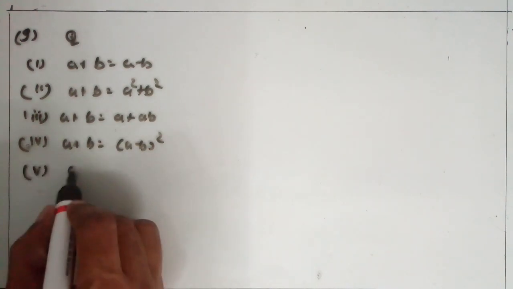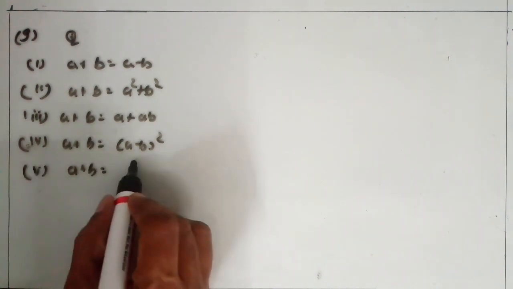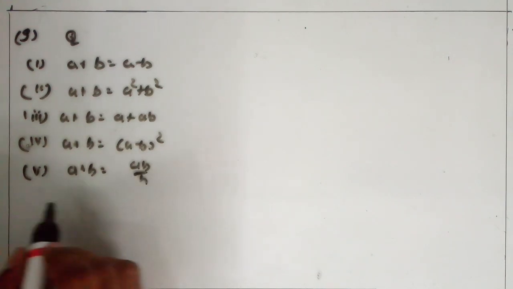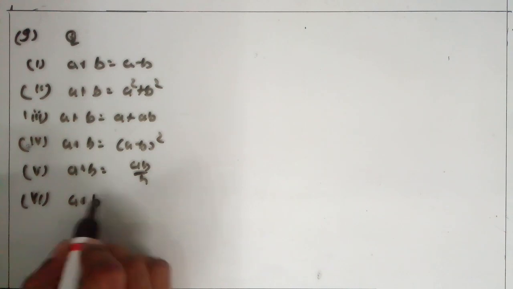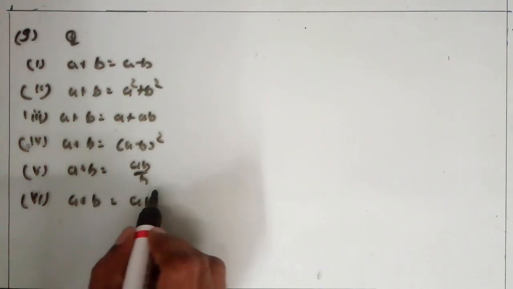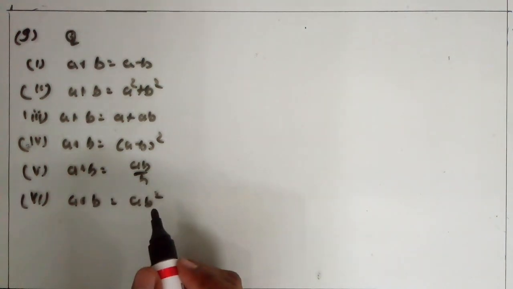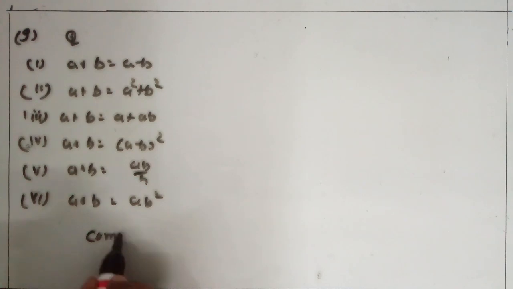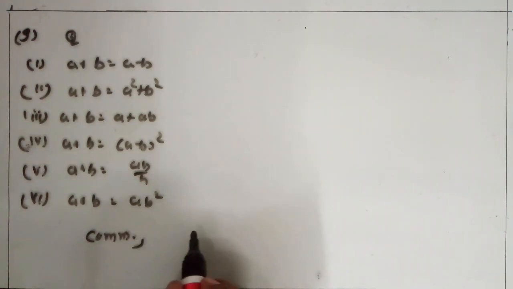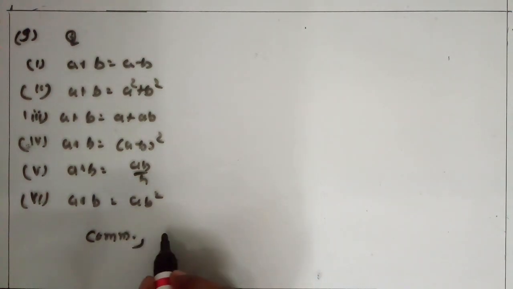Number 5, A star B is equal to AB upon 4. And 6, A star B is equal to A B square. Find which of the binary operations are commutative, and which are associative.